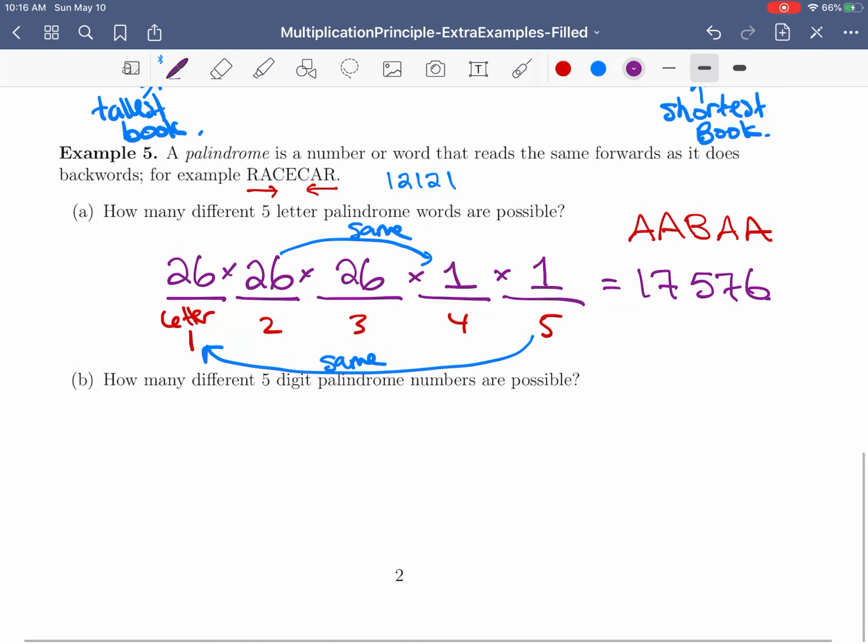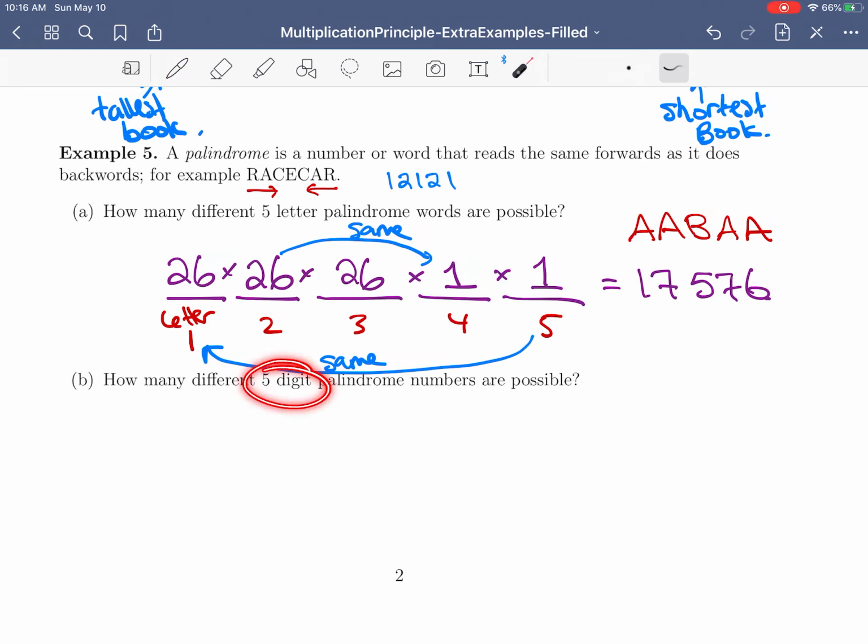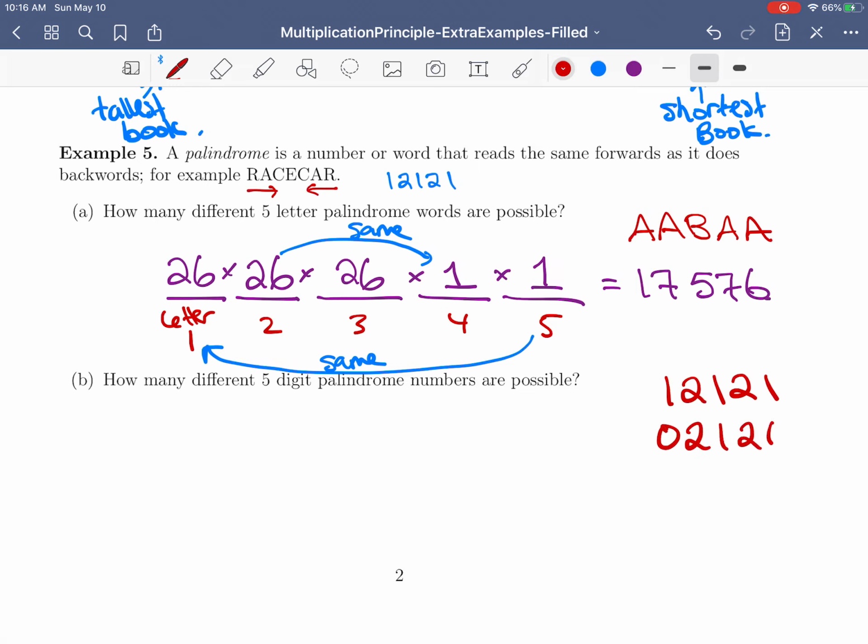Now, part B seems very similar, but it actually is a little bit harder. How many different 5-digit palindromes are possible? The example I gave above is a good example of a 5-digit palindrome. But something like 02120 is not.